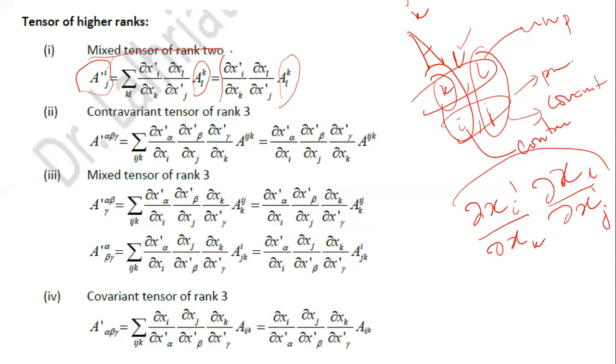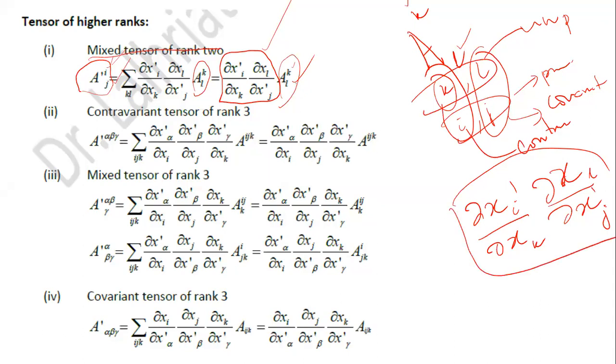So this is exactly the transformation coefficient, but in order to write it down, you have to identify which is the contravariant index, which is the corresponding contravariant index, and which is the covariant index, which is the corresponding covariant index. So by choosing such corresponding contravariant and covariant indices respectively, you can write down the transformation coefficient.